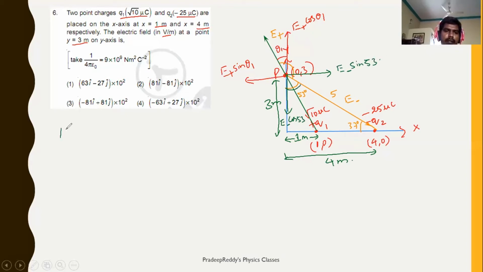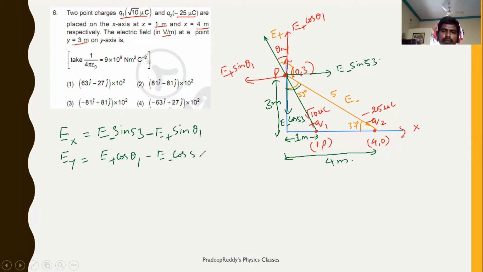Now E along x direction is E minus sine 53 minus E plus sine theta 1. I should find out that value. Along y direction, we have E plus cos theta 1 minus E minus cos 53.